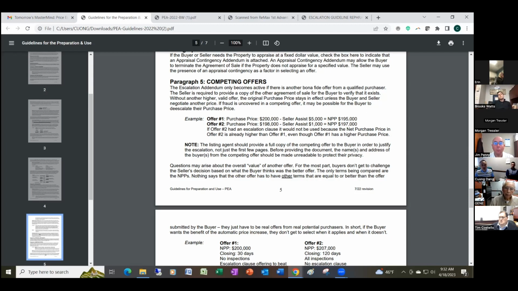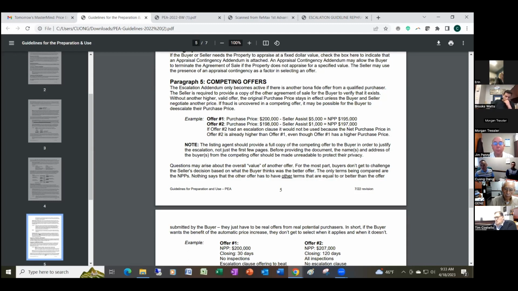Questions may arise about the overall value of another offer. So let's talk about terms here. For the most part, buyers don't get to challenge the seller's decision based on what the buyer thinks was the better offer. The only terms being compared are the NPP, net purchase price.